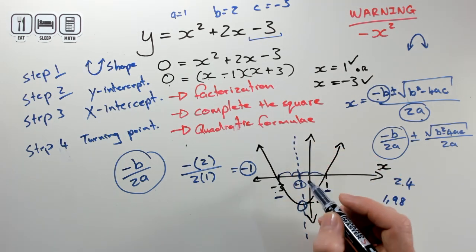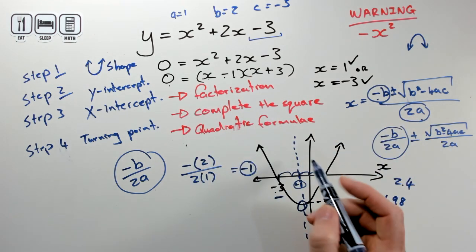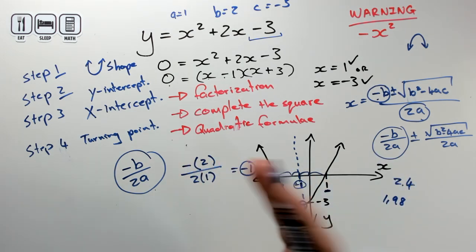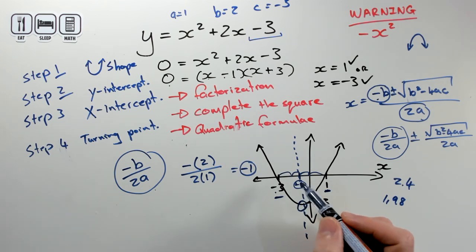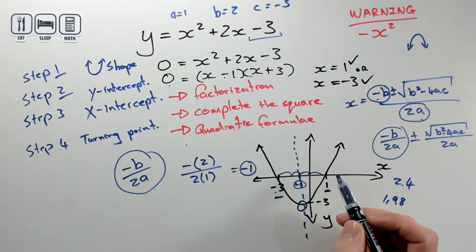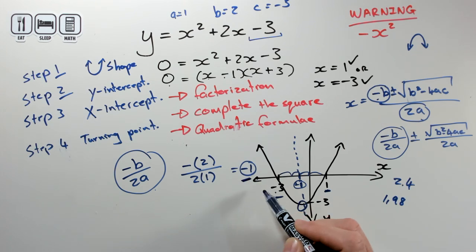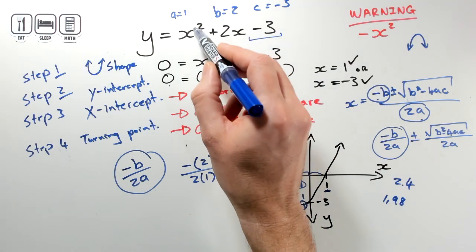But now this line is the middle. So this is the line of symmetry for my parabola, because one side will always be exactly the same as the other side. And I know this is negative 1. And if I wanted to find the actual turning point, just like in the table method, if I have an x value, in this case negative 1, and I wanted the y value, I would just put the x value in there.